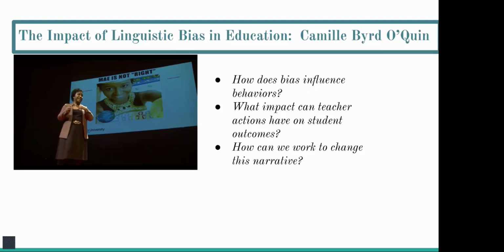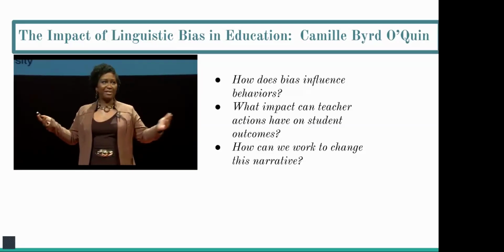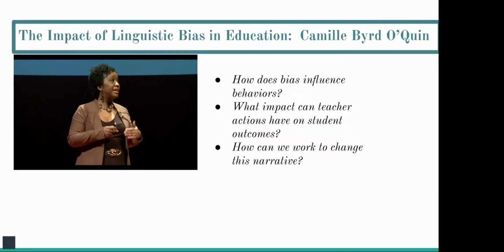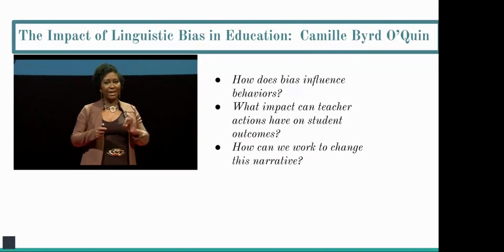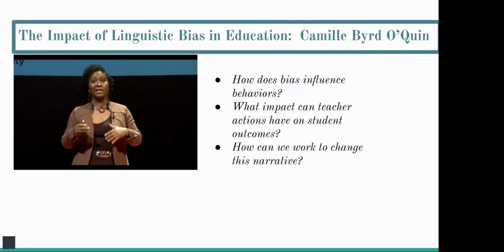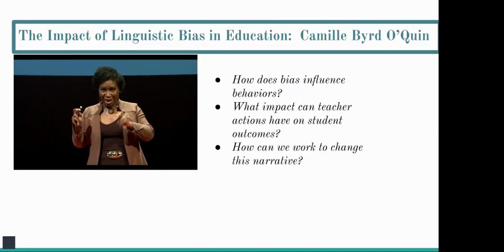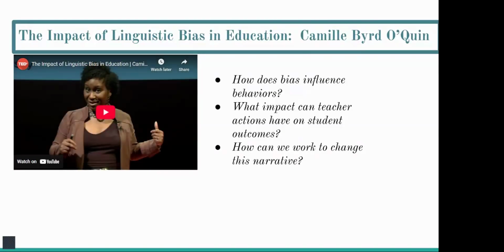I was concerned by this. So instead of calling these children disordered, I started educating the staff. And I started educating families and students, if they were old enough, about dialectal difference as it compares to mainstream American English. Because mainstream American English is what the school system deems as correct or normal.